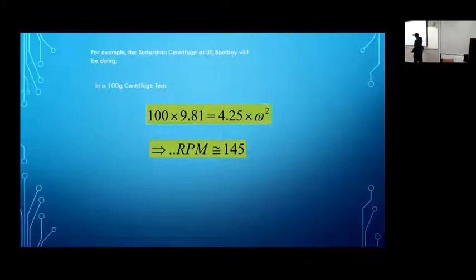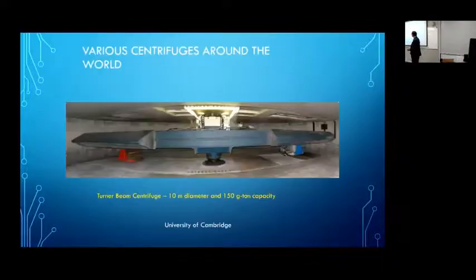And if my centrifuge radius is say 4.25 meters, then I only need to spin it at about 145 RPM. These are typically the dimensions of the centrifuge you're going to see later on this afternoon. So far so good. This all works out nicely. So whatever the big 100-meter dam is going to do, my little meter-high dam is going to do exactly the same thing, allowing for the nonlinear behavior as well.